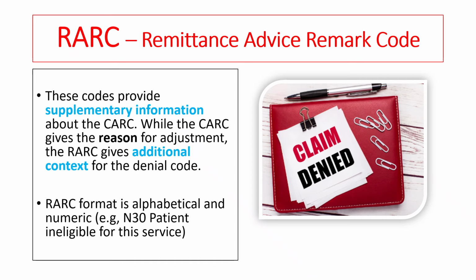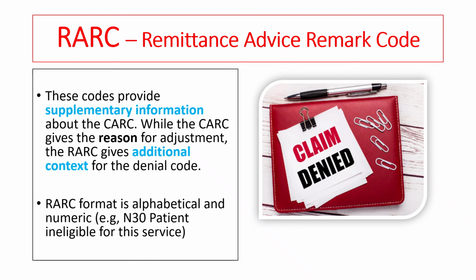Remark code is additional or supplementary information about the denial. Whatever the denial is, why it was not paid, we understand by seeing the denial code, the CARC code. But the additional information on why it was denied by the insurance, exactly what information is needed, is known by the RARC code.